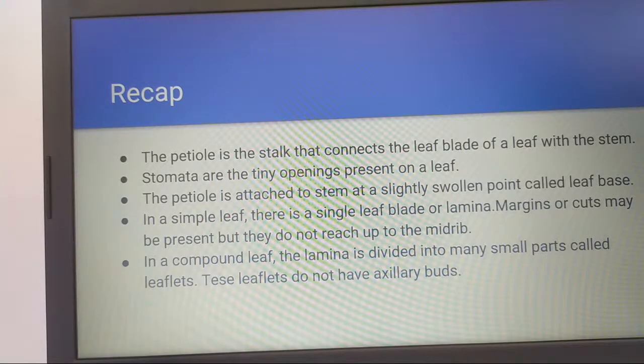Now what are you going to draw? You're going to draw the complete structure of a leaf showing the different parts. As you know, in biology, diagrams are very, very important.